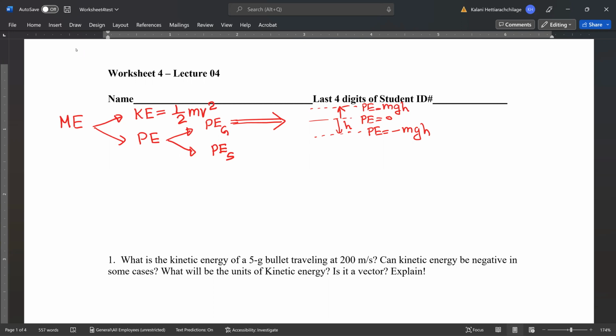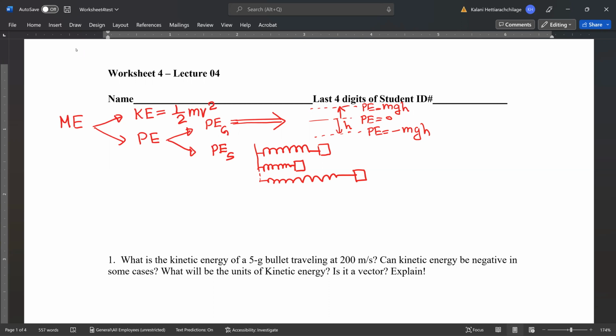And potential energy due to a spring: if I have a spring that I keep as it is, we call that the equilibrium. Say I have an object here. Now I can compress this spring by pushing the object in, and if I want to stretch it, I can drag the object. So the displacement of the spring is different now.